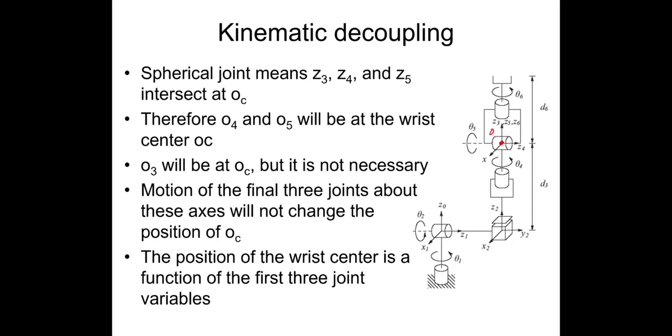And O4 and O5 are at the spherical wrist center. It means O3, O4, and O5 are actually at the same position, which is the spherical wrist center. And the motion of the final 3 joints about these axes will not change the position of OC.